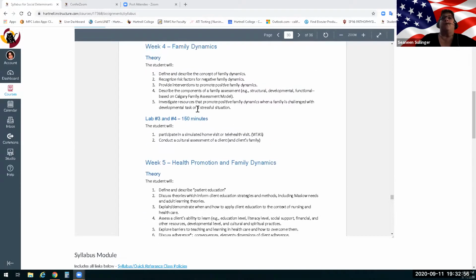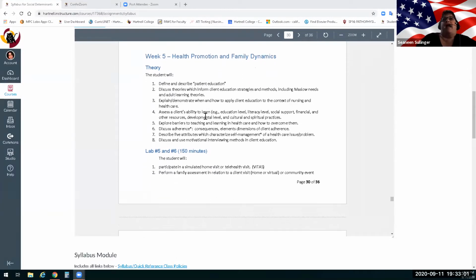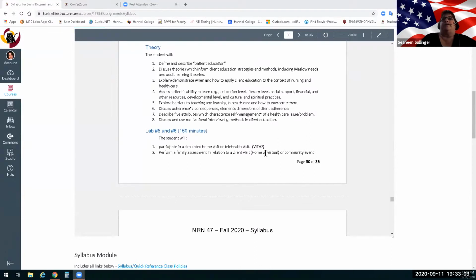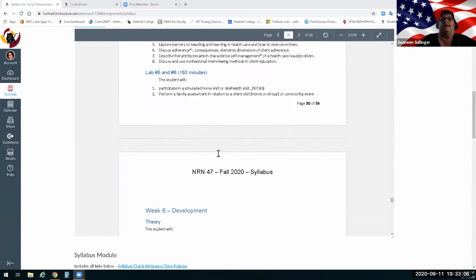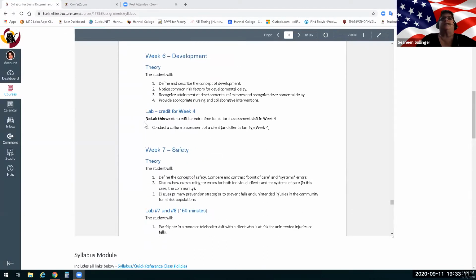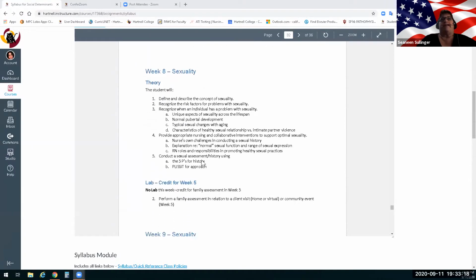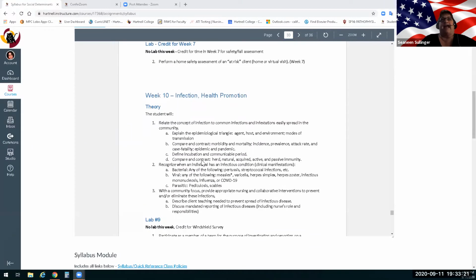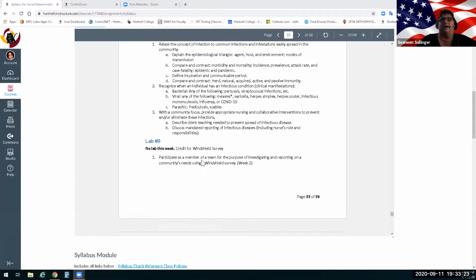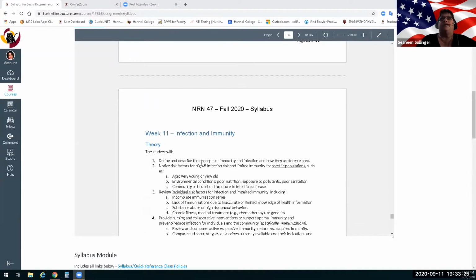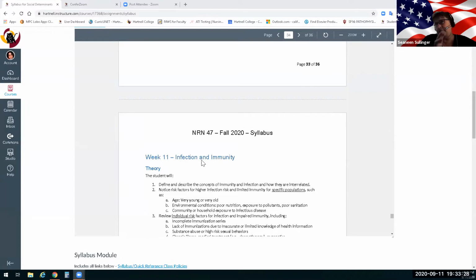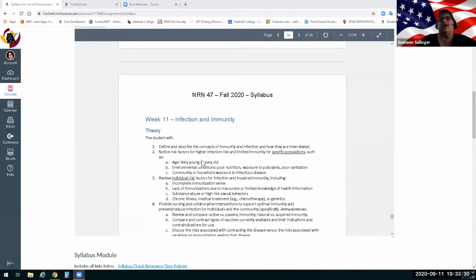Week 4, there is no lab after class. Week 5, same type of thing. We'll talk about the family assessment in theory when we talk about patient education. Week 6, it will tell you no lab this week, because of the visits, so there's really not another lab. I think maybe week 9 or 10, I'm going to add one in just to check in and see where people are with windshield, right around the time your groups have to meet with us to talk about your windshield.